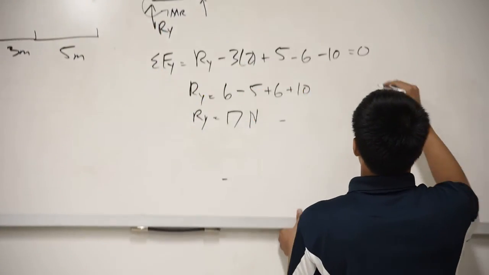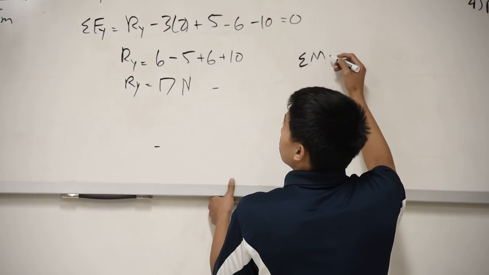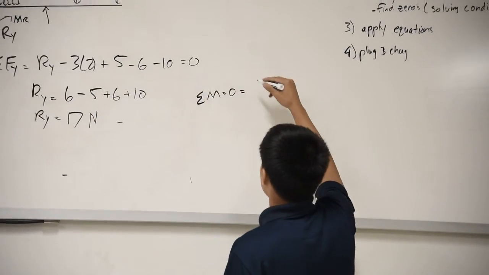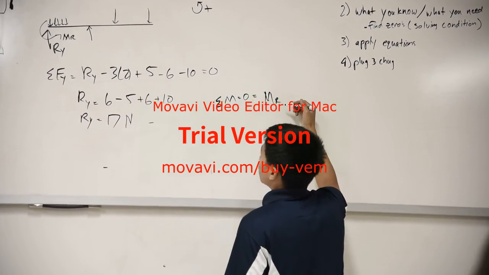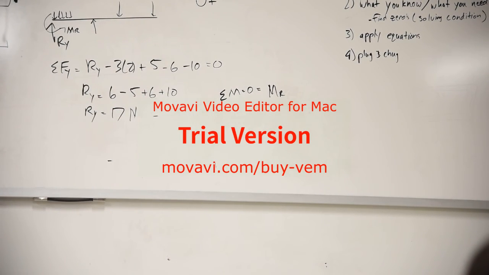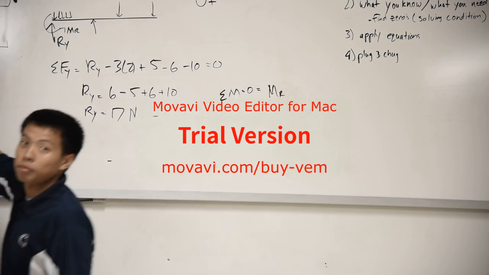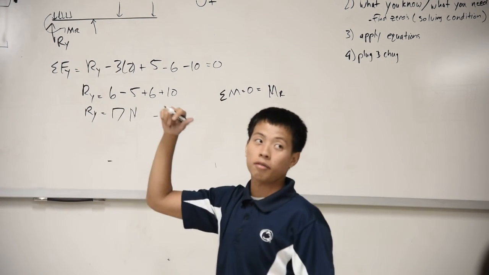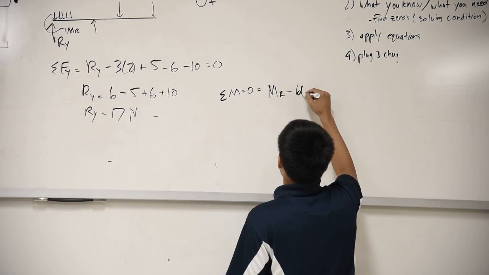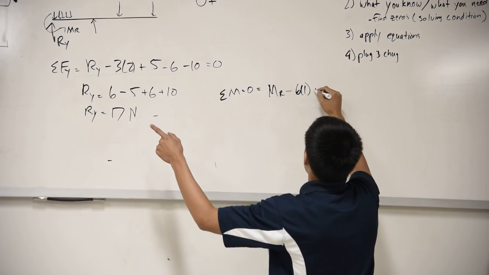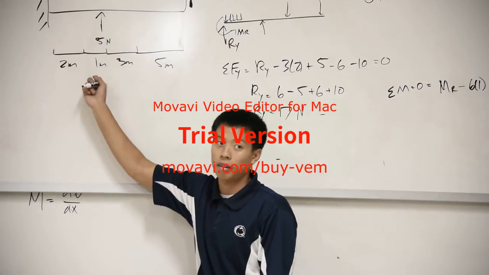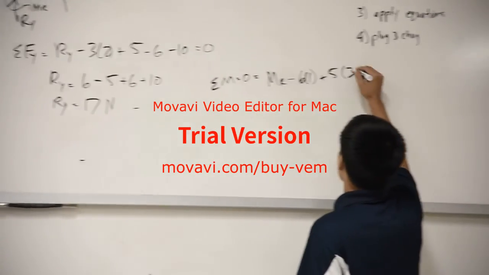Alright, moment equals 0. I drew my MR positive direction, so positive. The equivalent is at the middle, so the equivalent is going to be 6 newtons down at 1 meter, and it's going in the negative direction because that's how I drew. So 6 times 1 plus 5 times 3. Don't mess this up. It's not 5 times 1, it's 5 times 2 plus 1, so 3.